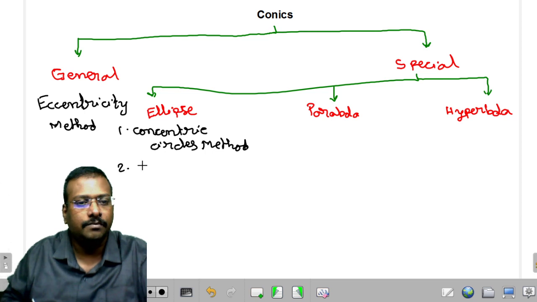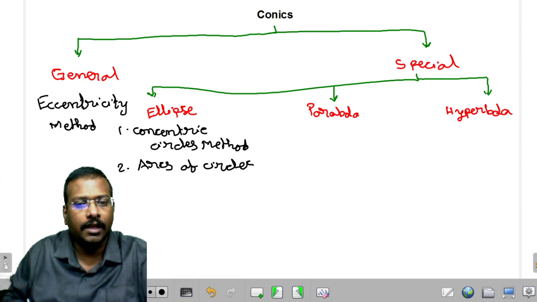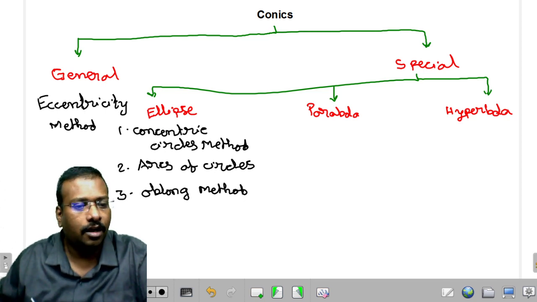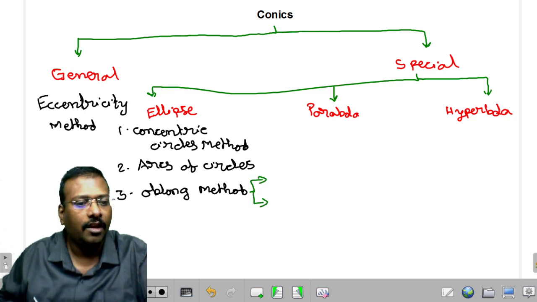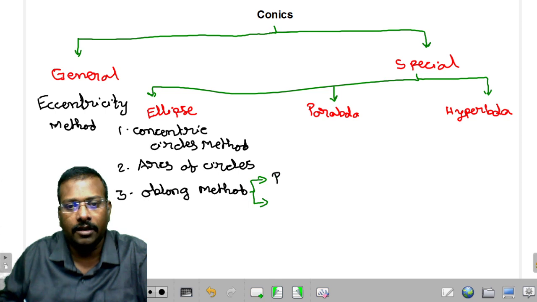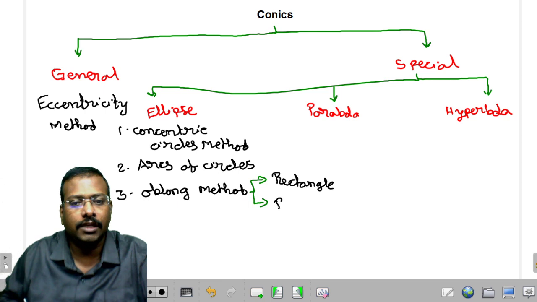Next one is the arcs of circles method. Third one is the oblong method. Once I write the oblong method, there are two types of methods in oblong. One is the rectangular method, another one is the parallelogram method.